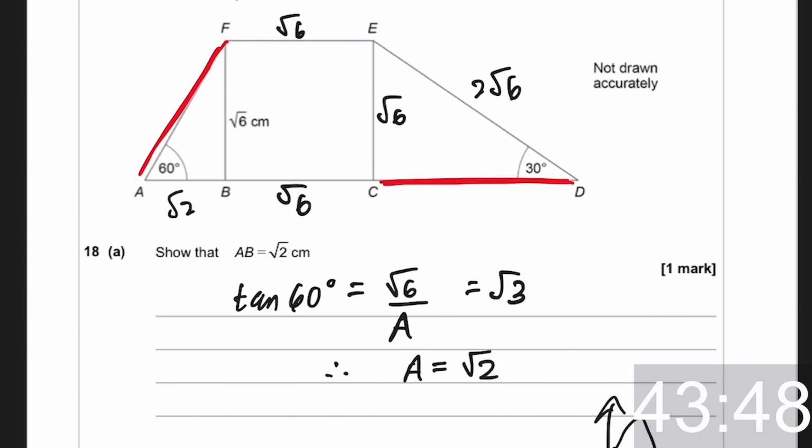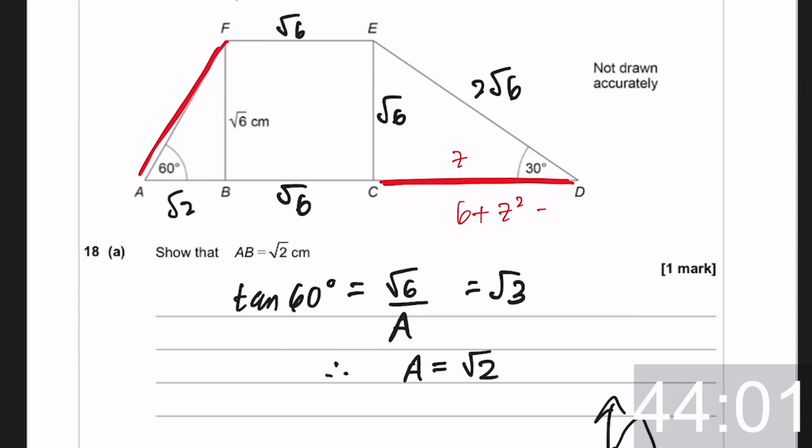Now this is a right angled triangle, so root 6 squared, so 6, plus, let's call it z squared, by Pythagoras, has to equal 4 times 6, 24. Z squared is therefore 18.